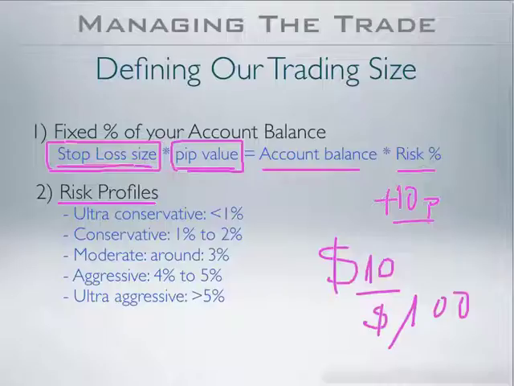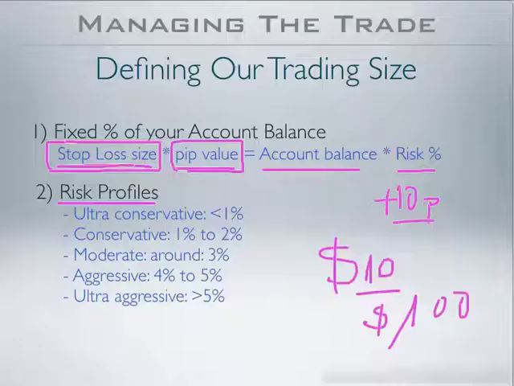But that's on the euro against the American dollar. If you are trading the euro against the Japanese yen, or the American dollar against the Swiss franc, or the sterling pound against any other currency pair, it doesn't really matter. Every different currency pair has its own particular pip value. So you need to take that into consideration.